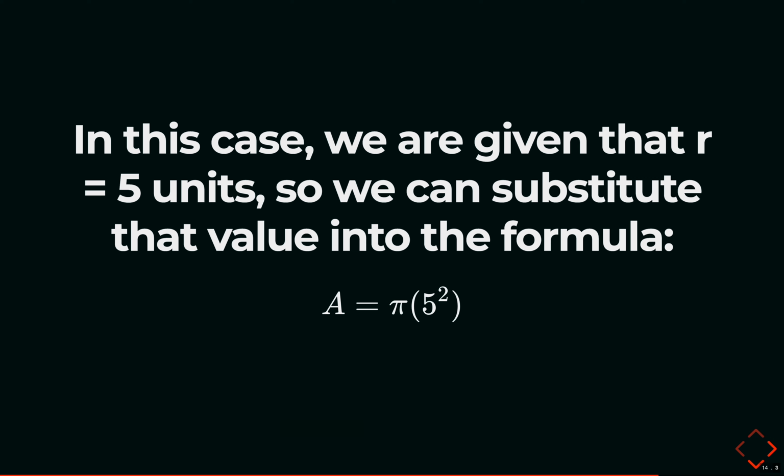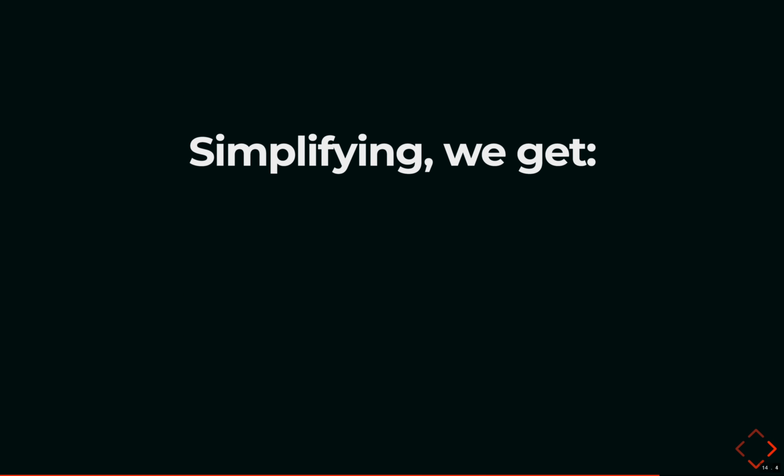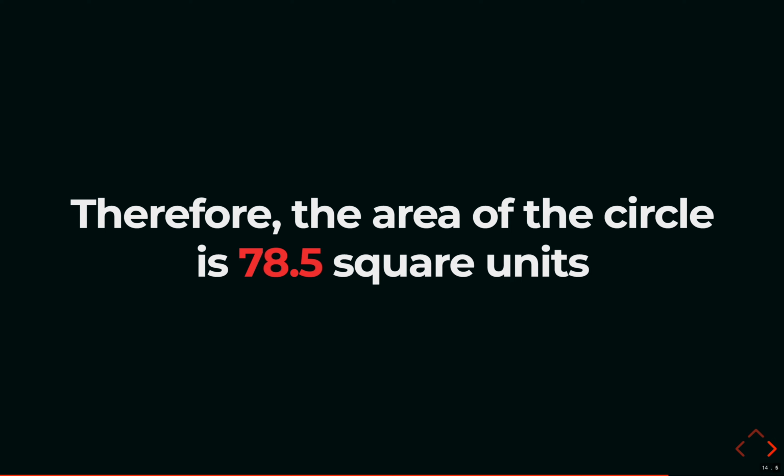A equals pi times 5 squared. Simplifying, we get A equals pi times 25. Pi being 3.14, we times that by 25 to get A equals 78.5. Therefore, the area of the circle is 78.5 square units.